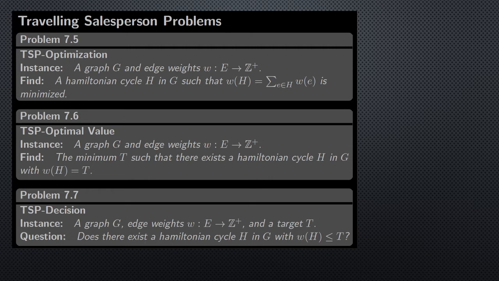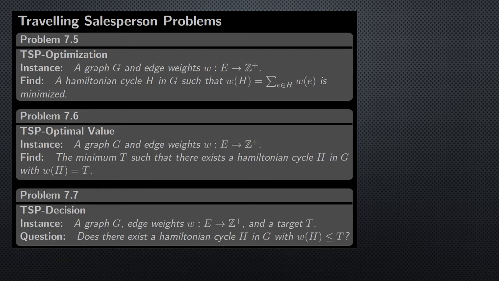And actually, we computer scientists don't know any polytime solution to any of these problems, and we think they're all about as hard as any problem that we know how to solve. So TSP decision turns out to be an NP-complete problem. It's an extremely hard problem. But these are all within a polynomial factor of each other. If you could solve one in polytime, you could solve all of them in polytime. And as we'll see, of these three different flavors of this problem, only one of them is a decision problem.